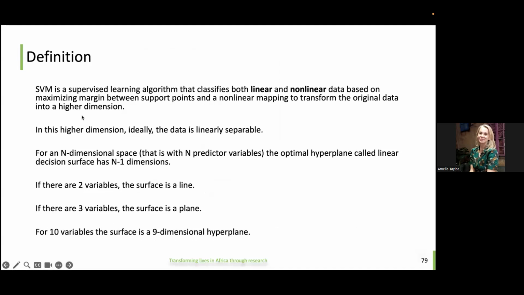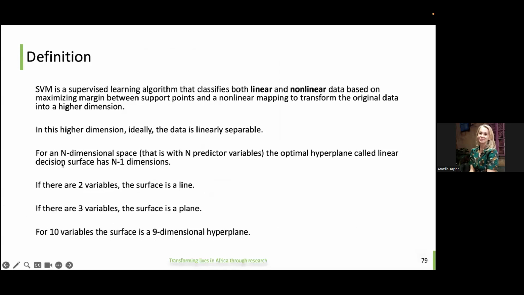I've added a little bit more information on these slides. So the idea behind support vector machines is that as you transform your data into this higher dimension, your data can become linearly separable.